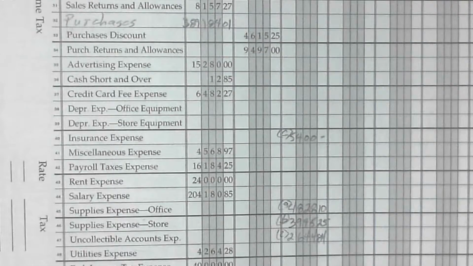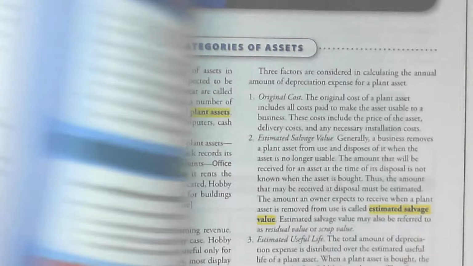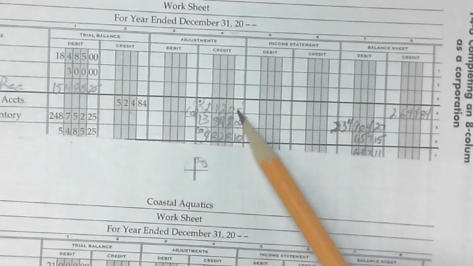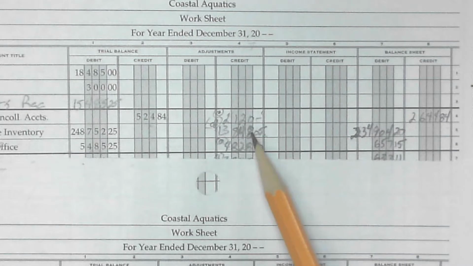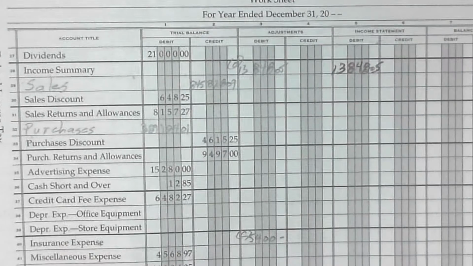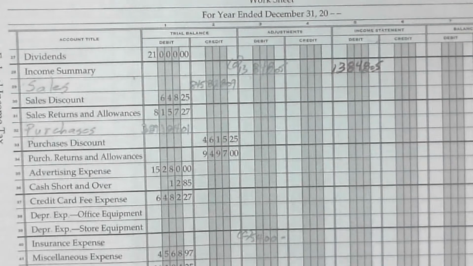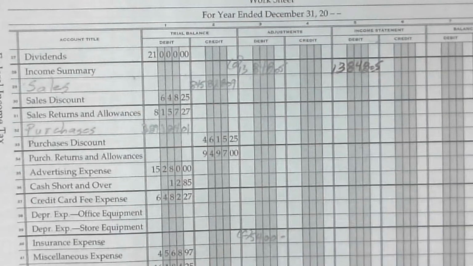Oh, I messed up. I wrote the total from the balance sheet. It's the credit, my bad. I'm sure somebody out there caught that. The 2,120 goes down here, that way we keep our columns even.